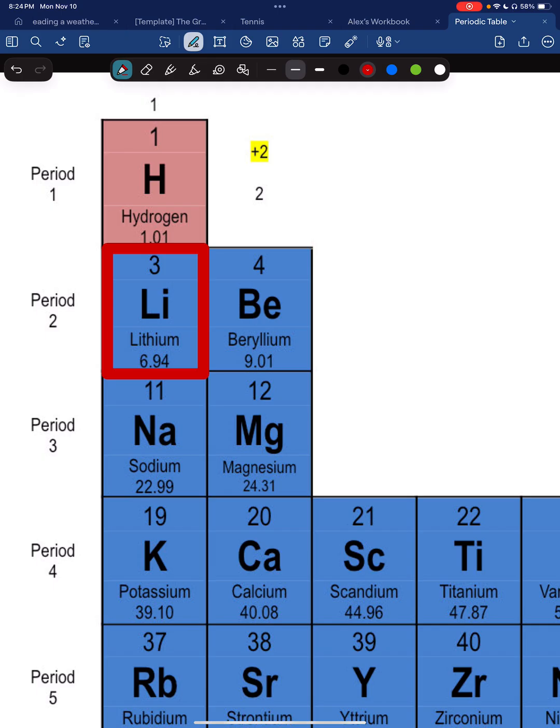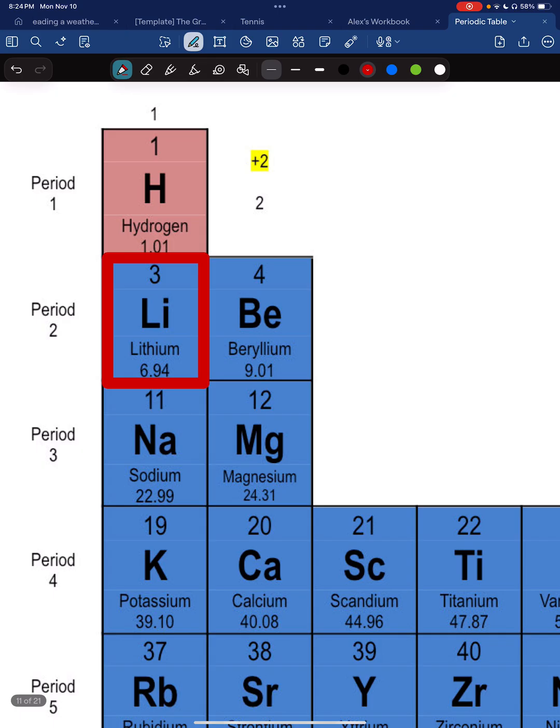So, the important thing here that we need to know is that it's not only in its element square, which I just boxed in, but it's in what is called a group. Okay, so a group is a vertical column. Your group vertical columns, if you're unsure, which is totally fine, are the ones that go up and down.